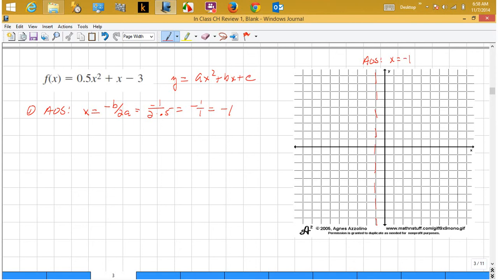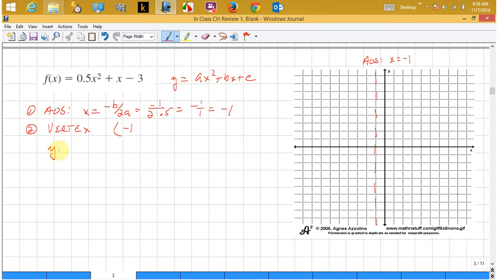Okay, now my vertex needs to be on the axis of symmetry, so I can go ahead and start getting my vertex. I know the x-coordinate of the vertex is going to be negative 1, but I don't know the y. Anytime I know x and I want to find y, I just put the value of x into the equation.